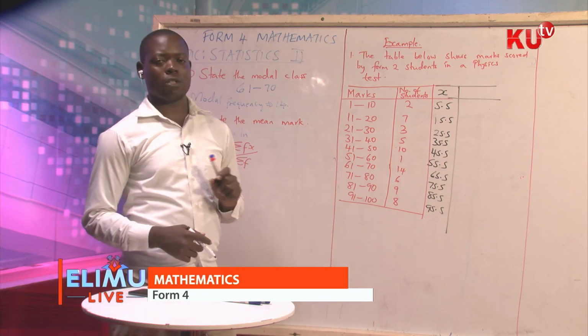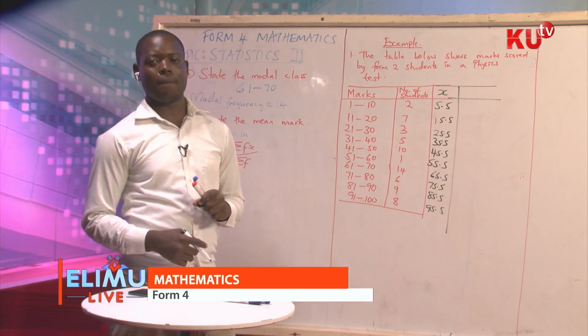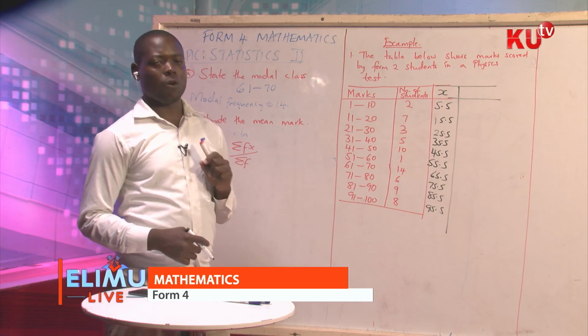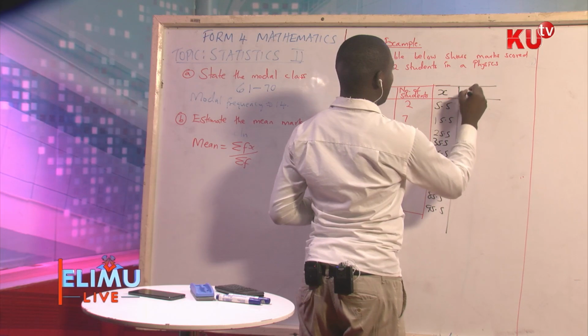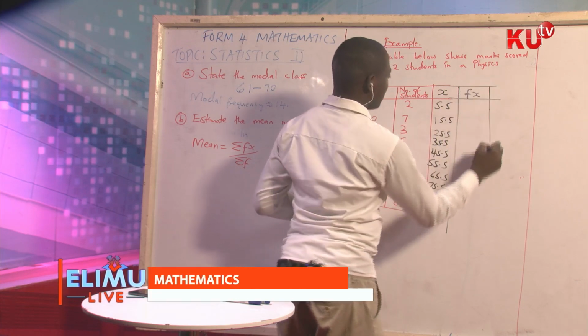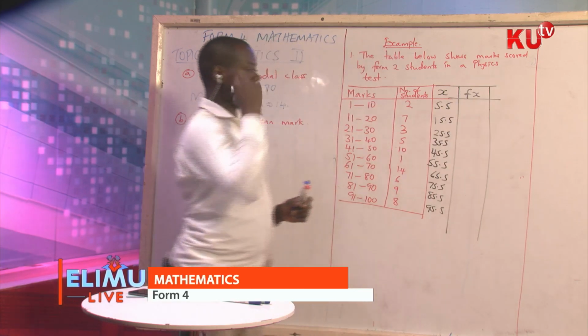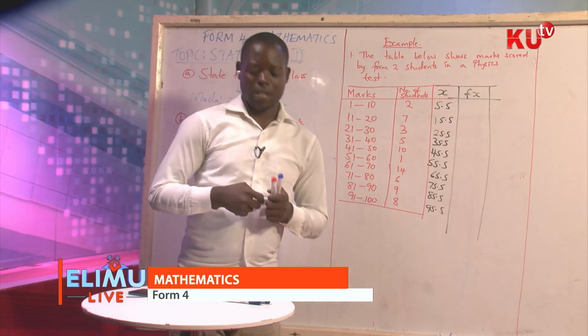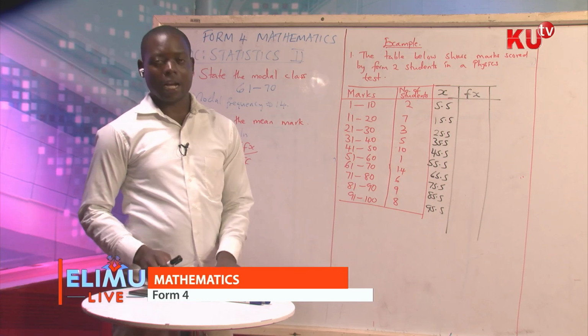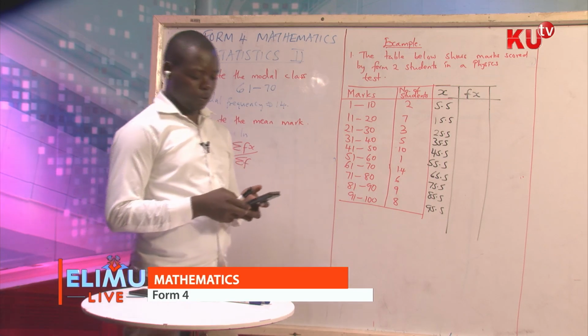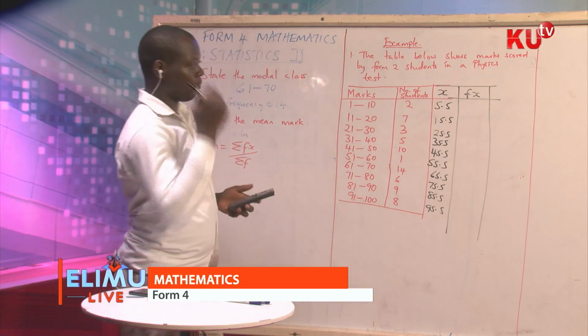After that, what is the next thing to be done? Good. We generate the column for fx. F means frequencies times the midpoints. So again, students, let's go to our calculator and do the calculations together.